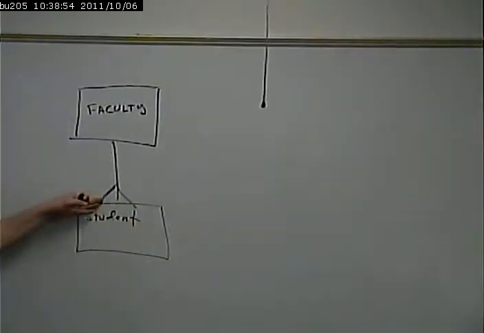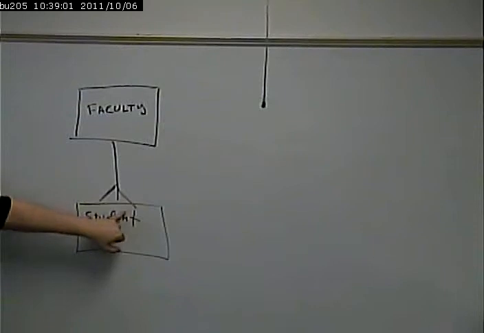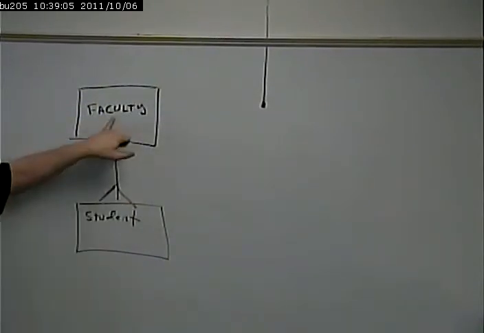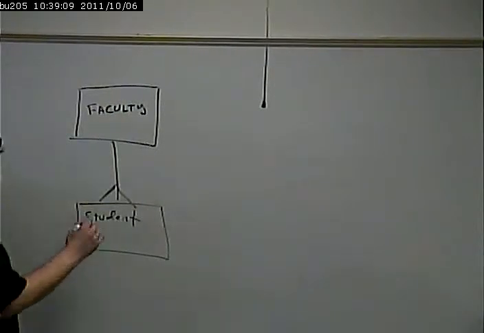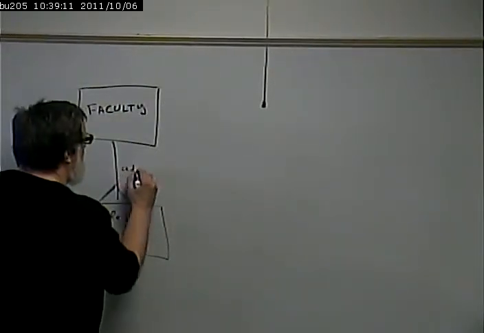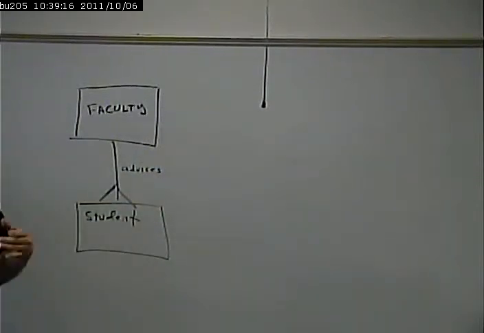The crow's feet at the bottom indicate that one faculty member can advise multiple students, but each student is only advised by one faculty member. Sometimes on an ERD, they'll even write the verb, advises.